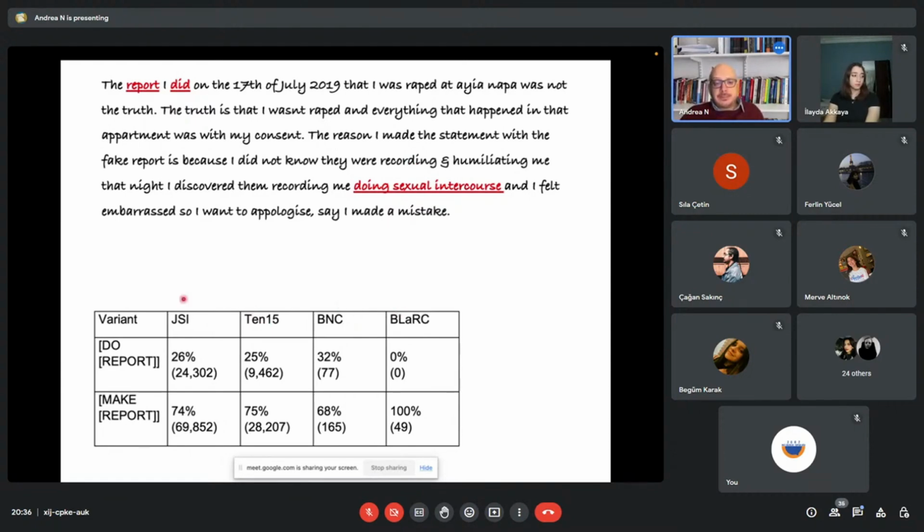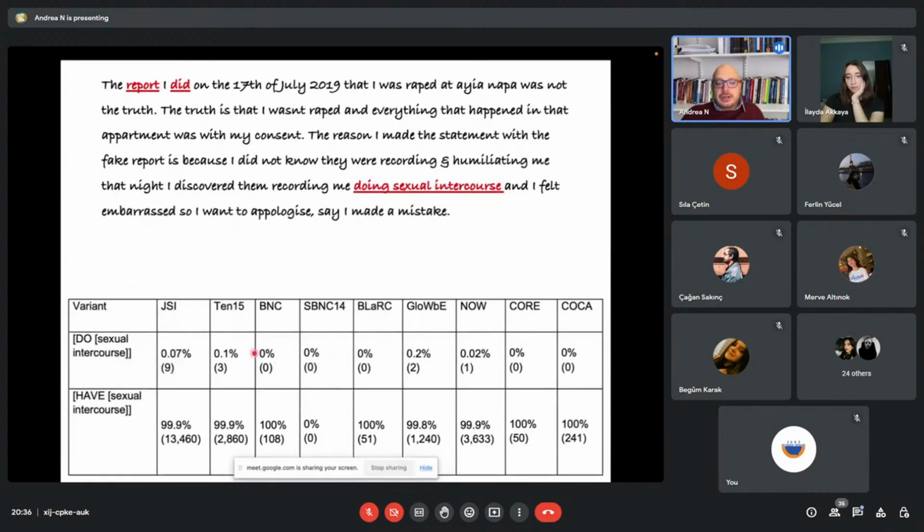These are different corpora, and the reason why more than one is used is because in this way, you can cover different situations. What you see is that make a report is actually more common overall than do report, and even more striking when we look at do sexual intercourse or have sexual intercourse.